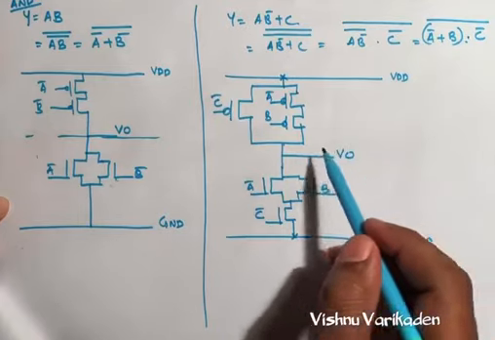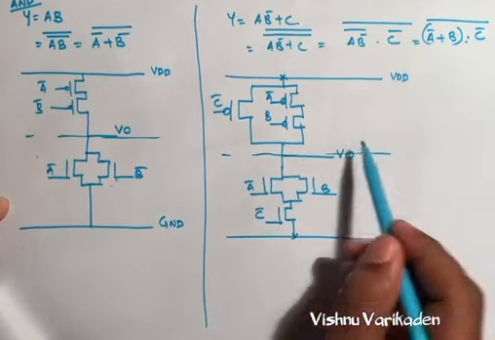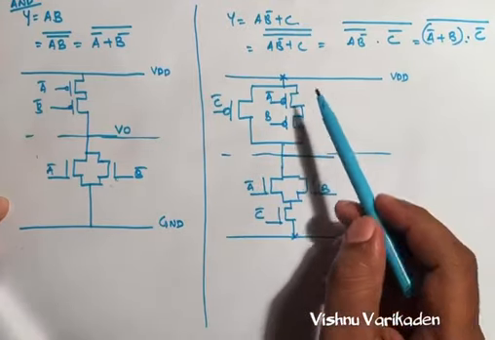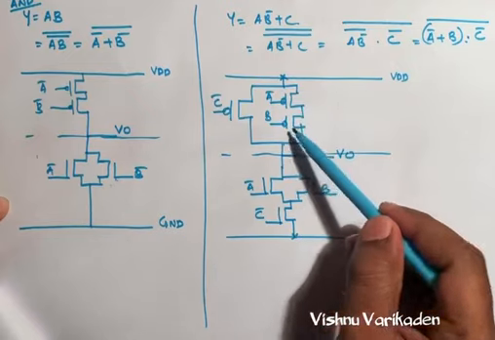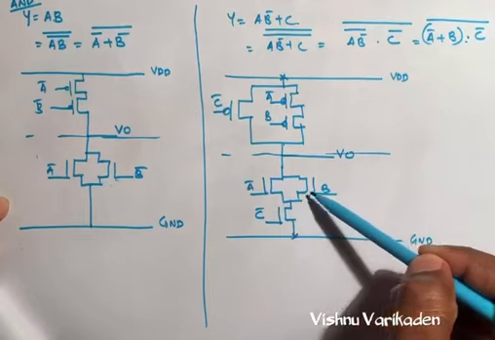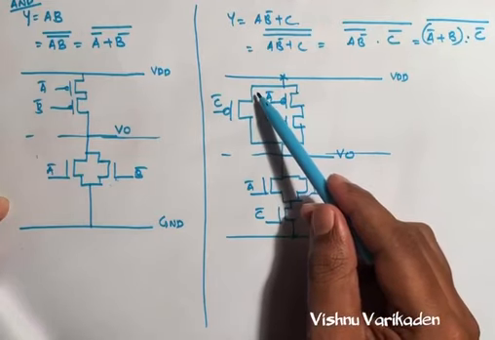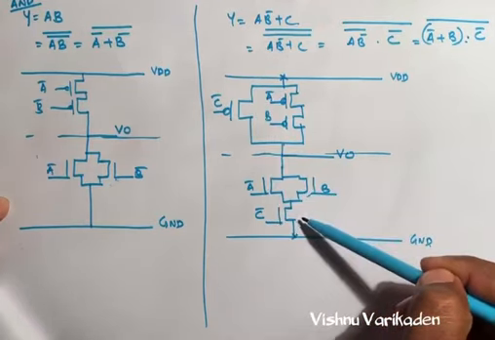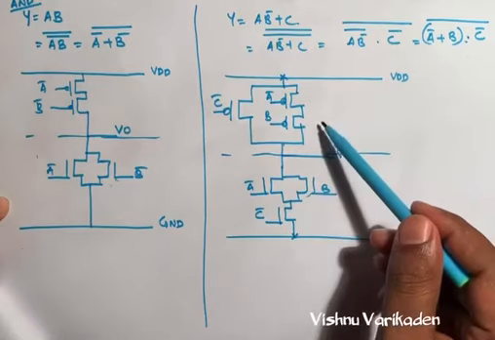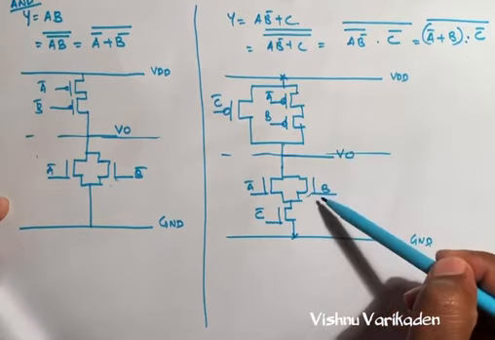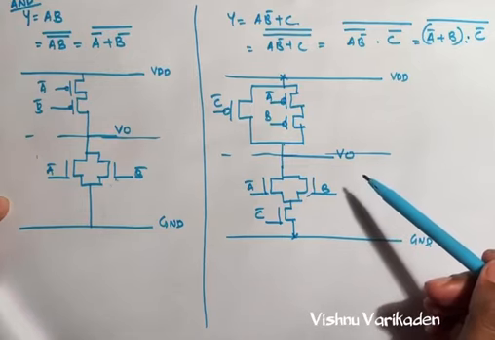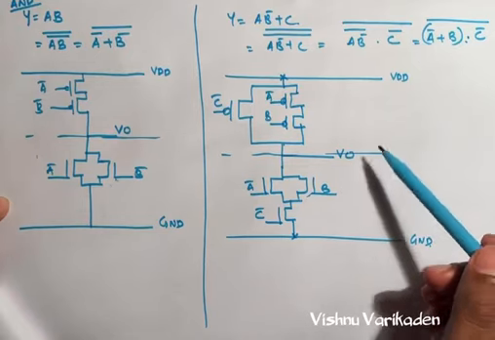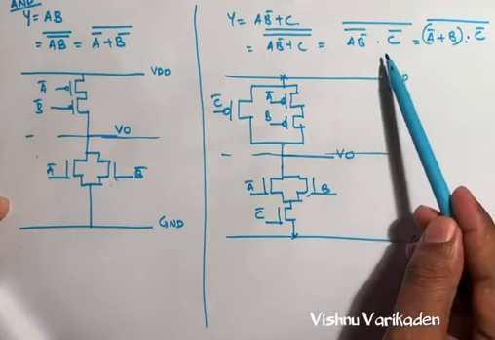Also think about this: consider this upper part, the pull up part. If the elements in your pull up part are series, they are going to be parallel in the other. If parallel, it's going to be series. So it is just the opposite from PMOS to NMOS in the pull down network. This is why we can make the circuit from the equation.